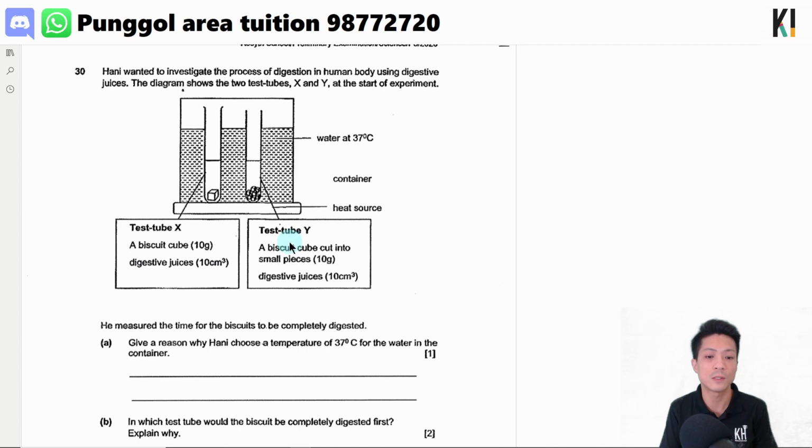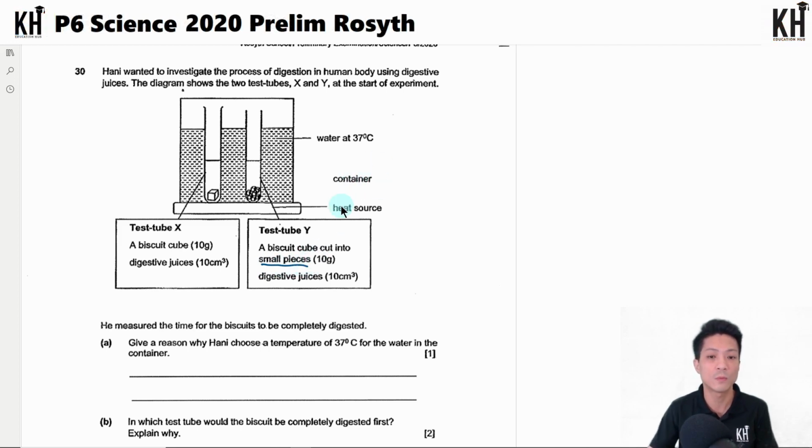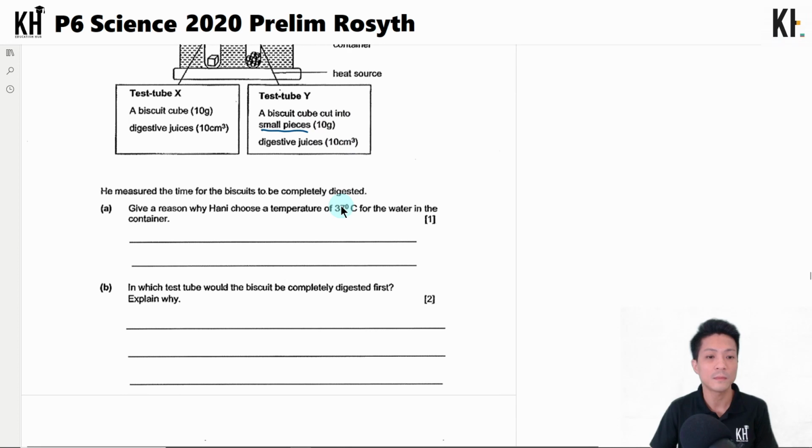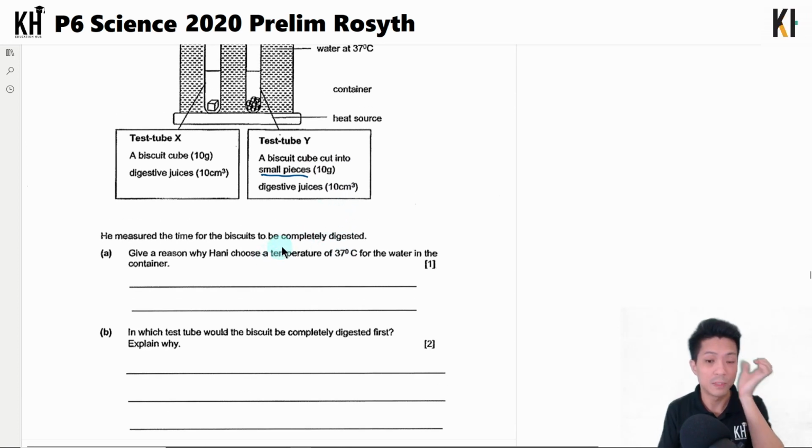Test tube Y has got a biscuit cube 10 gram, digestive juices 10 cubic cm also. Everything is the same except that the biscuit cube is cut into small pieces for test tube Y. She measured the time for the biscuits to be completely digested.